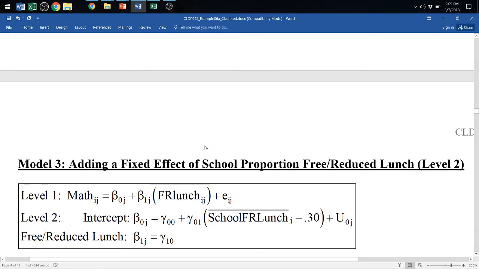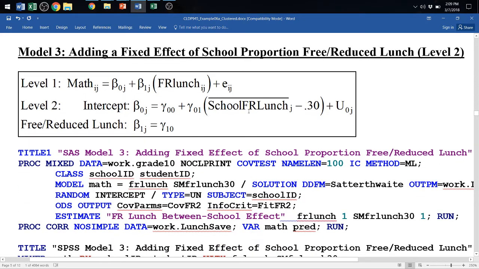We then fixed it by adding the school level analog, free and reduced lunch school mean, which is a proportion that ranges from 0 to 0.8, with a mean of about 0.3, and so that's what I used as my centering constant.